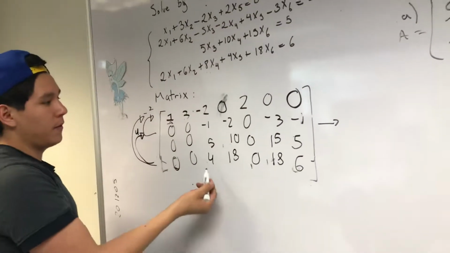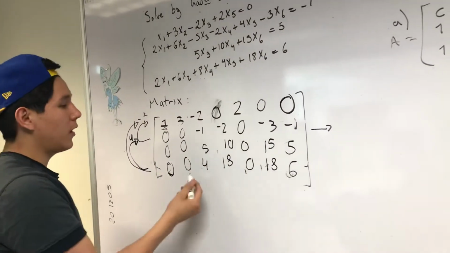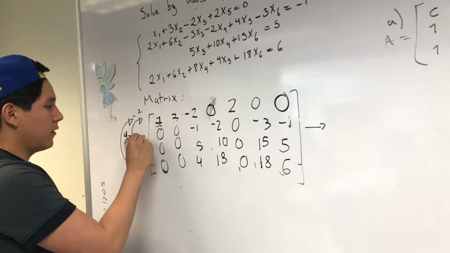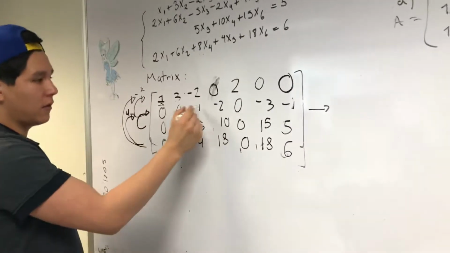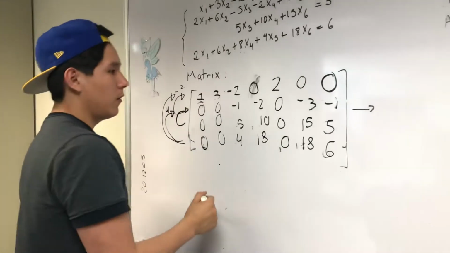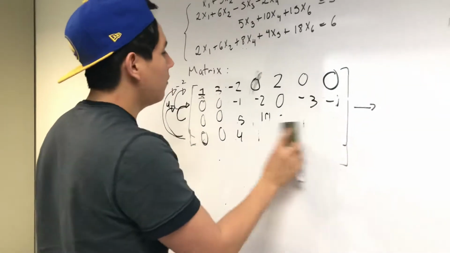We also do this with 5: row 1 times 5 added to row 3. That leaves our matrix.